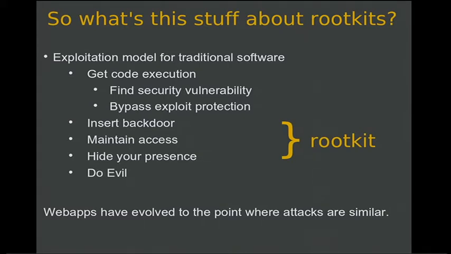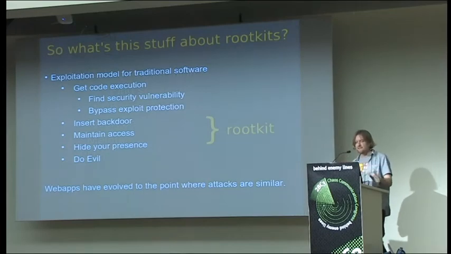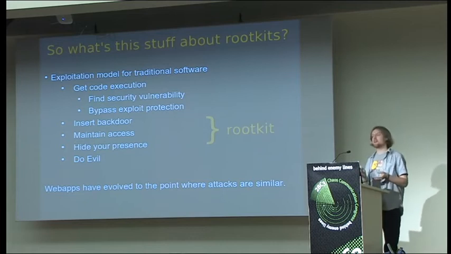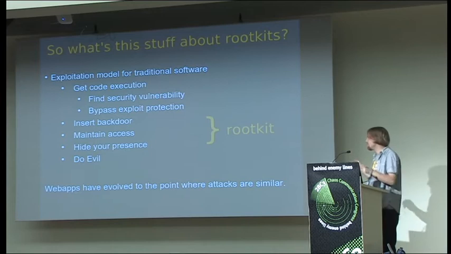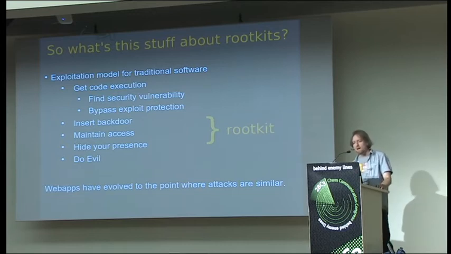If you actually find a vulnerability, you have to bypass ASLR and DEP and stuff like that. And after you get to that point, you do the things, as malware, that I classified loosely as a rootkit, and we can talk about semantics later if anyone wants to.